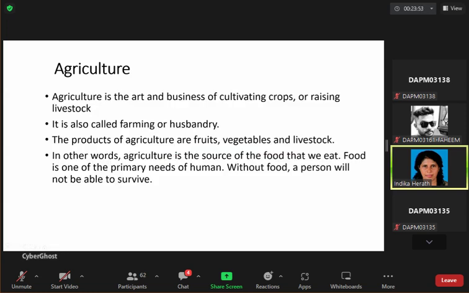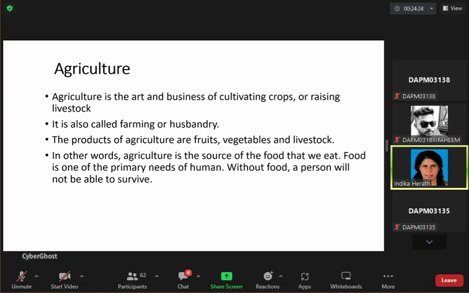When it comes to agriculture, I prefer that people think of agriculture as an art, because if you think about what we can do with agriculture, having crops and rearing animals, we can do many things. Therefore, it is considered to be an art and a business, because it's not only about our consumption, we want to get an income out of it.